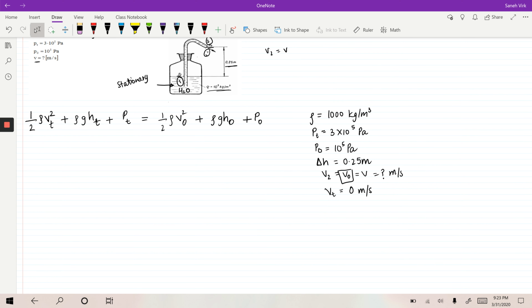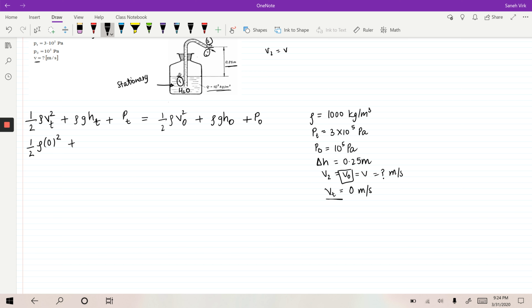First, 1/2 rho, and I'm not going to plug in the value for rho here. Then vt squared, and vt is 0 meters per second, so 0 squared.